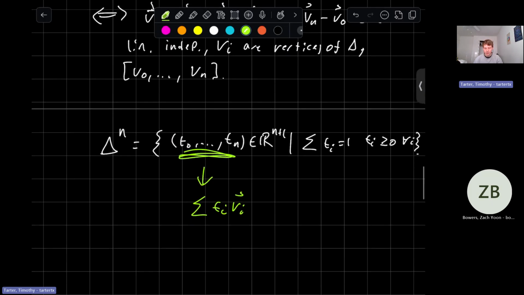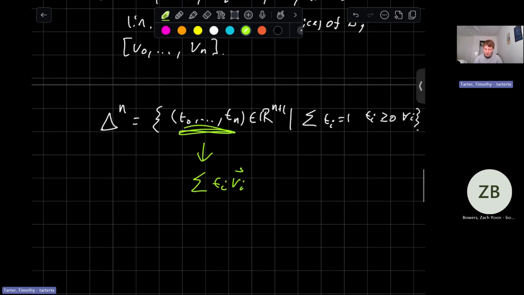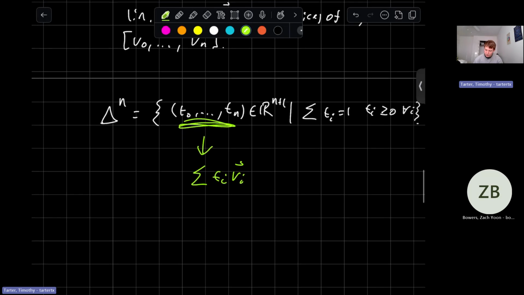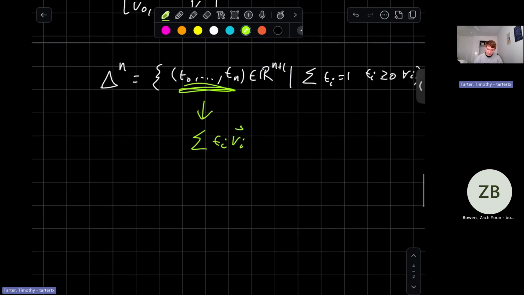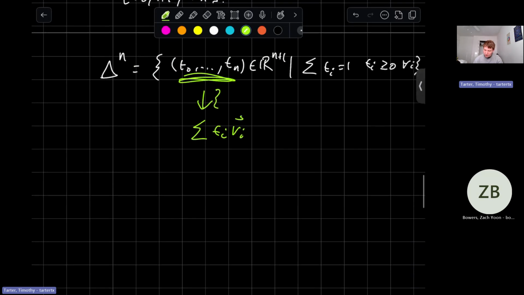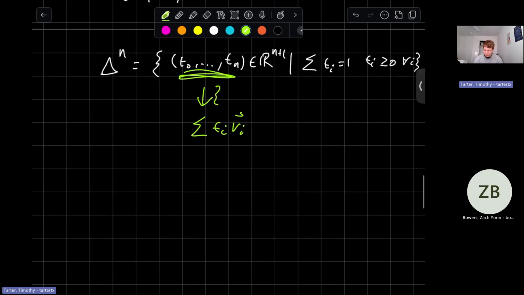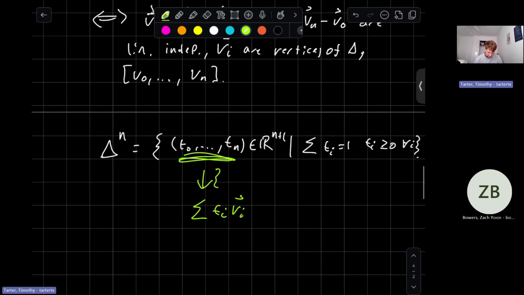So basically, we can scale things by coordinates. So this is a homeomorphism. The coefficients ti are the barycentric coordinates of the point sum ti vi in the n-simplex. So really, it's this scaling factor that we're looking at.